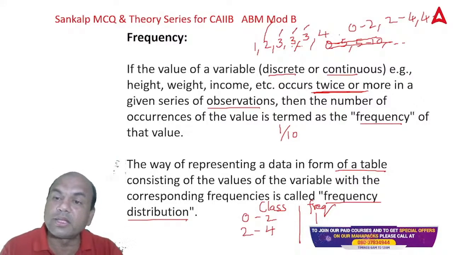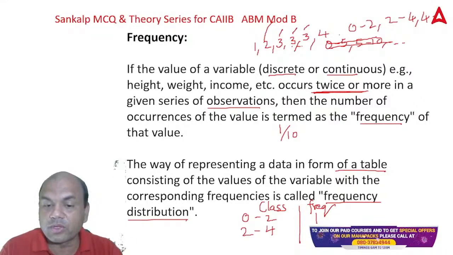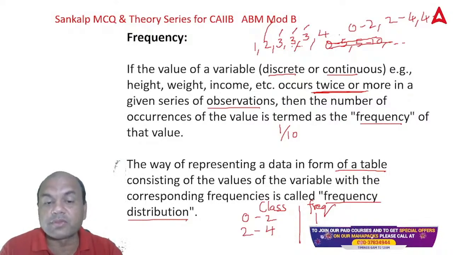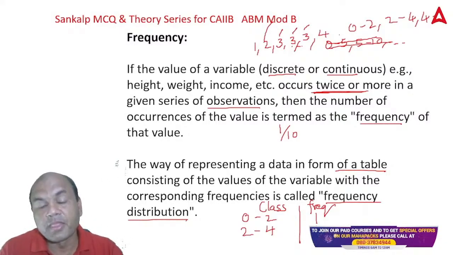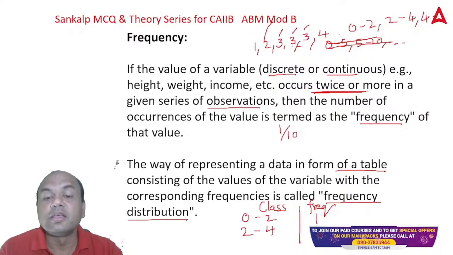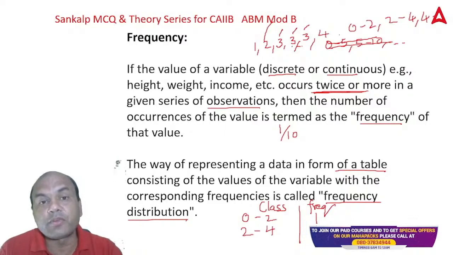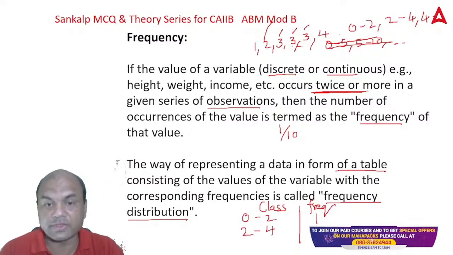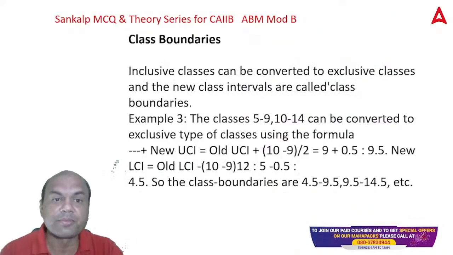No, 4 will be in the next class. So this is 4 times. So this is known as a frequency, and this table is known as the frequency distribution table, in which I arrange it in a proper manner. So representing the frequency in the form of a table so that it is easily understood.